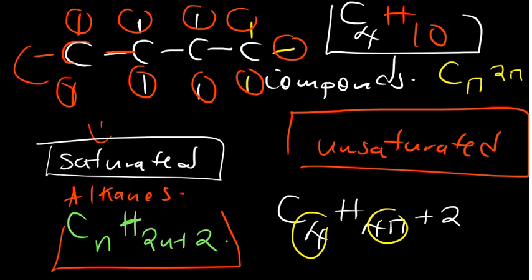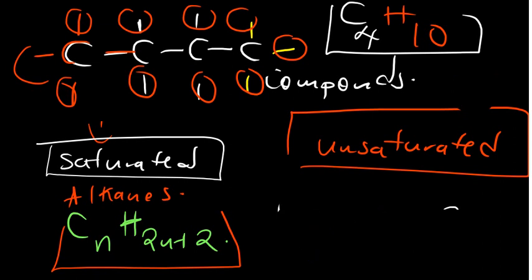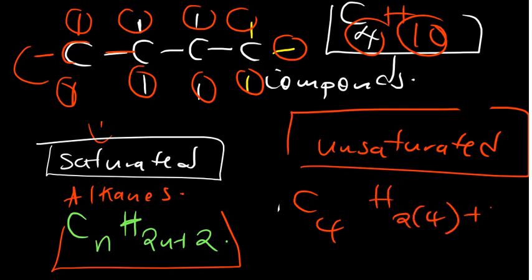That's a general formula. You can come up with a general formula like that. Where you say, this is a 4, for it to become 10, it's supposed to be doubled plus a 2. So you have C4 H(2×4)+2, which gives us 10. So where there is 4, you can put n to come up with a formula. So you don't have to master it for saturated hydrocarbons, which are alkanes.